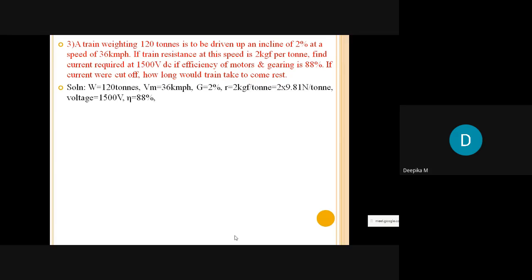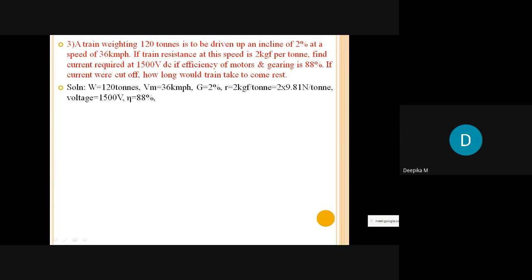So first we have listed out the data, and here we have to convert the kg force. Usually they will be given as kg per ton or kg force per ton, but we have to convert this into Newton per ton. So how do I convert it into Newton per ton? Because we know that Newton is the unit of force.